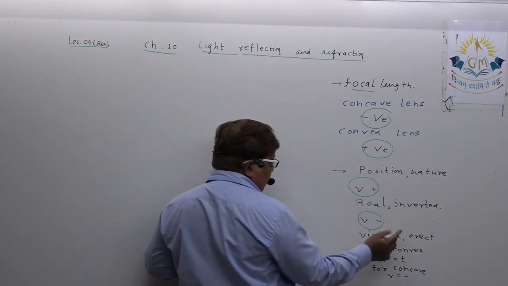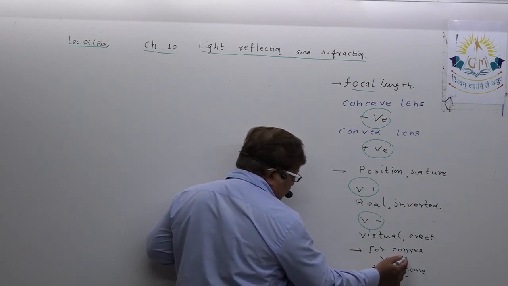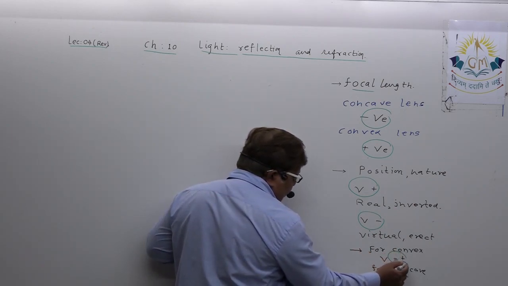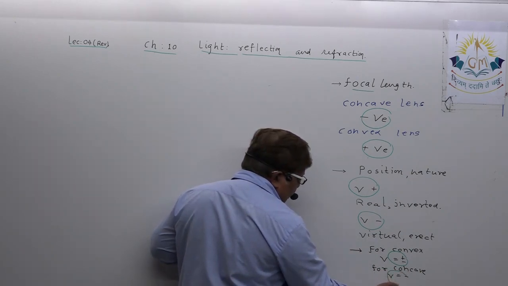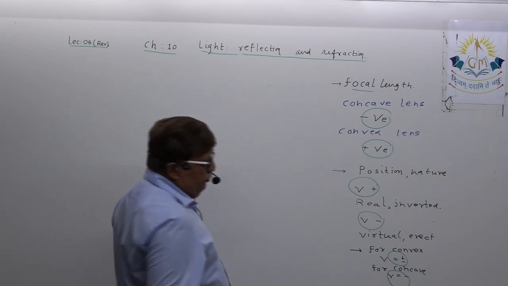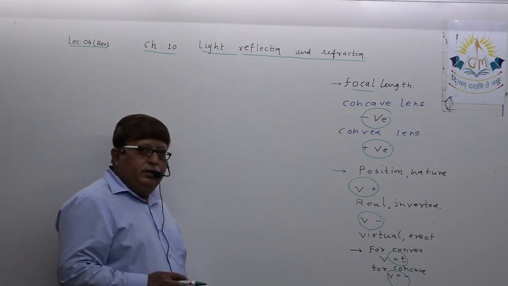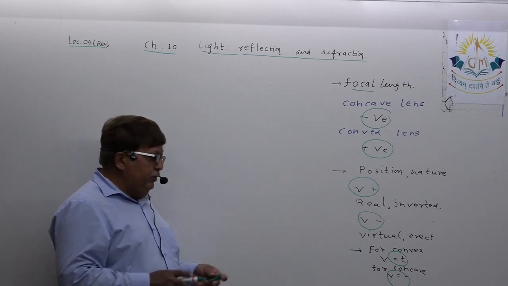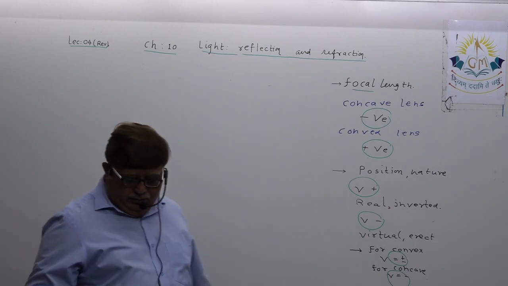V negative, virtual erect. For a convex lens, V can be positive or negative, but for concave, V is always, always and always negative. You understood? These important points need to be kept in your mind.